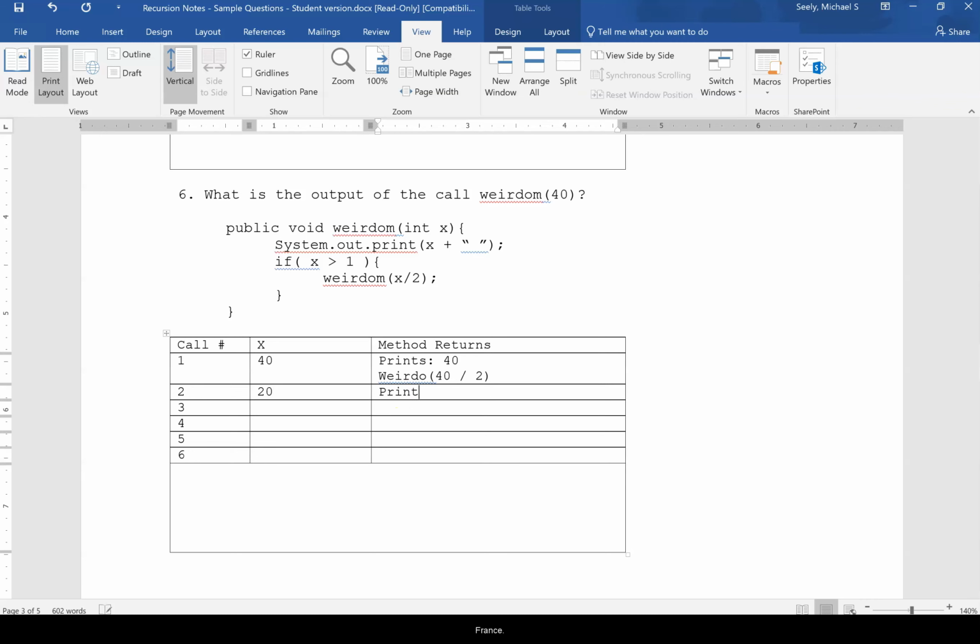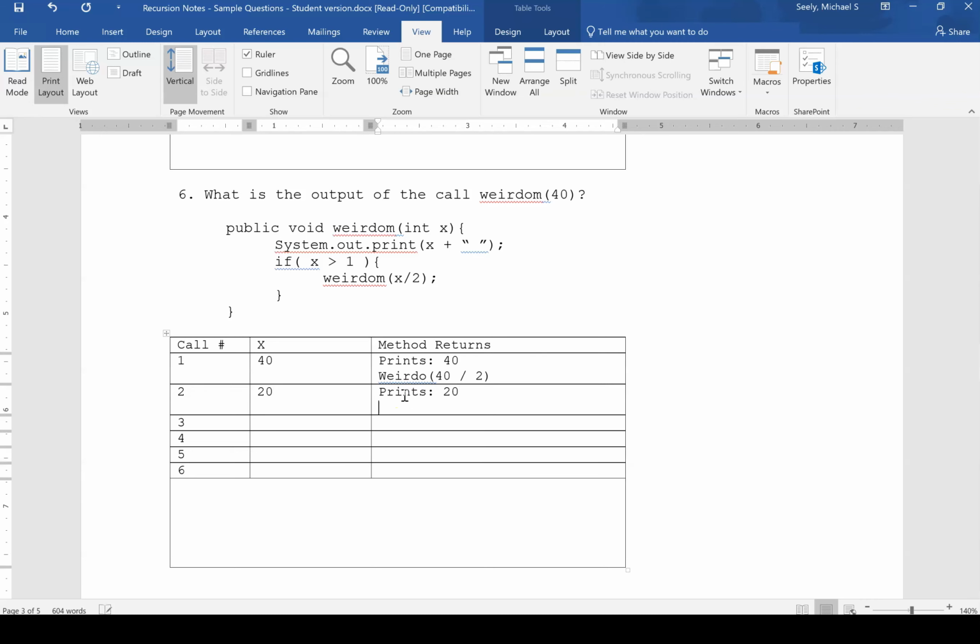So it prints 20, and then weirdo 20 divided by 2. Weirdo. Then we got 10 here.